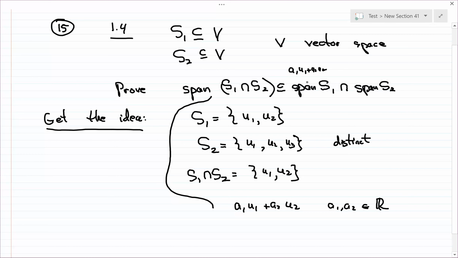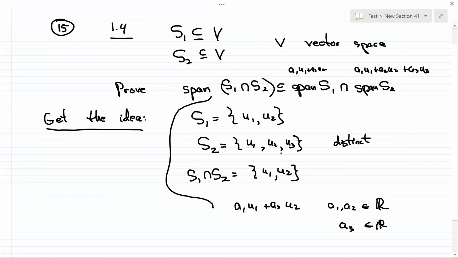And how would something in the span of S2 look? Since S2 looks like this, it would look like A1 U1 plus A2 U2 plus A3 U3, where A1, A2, and A3 are also real numbers.